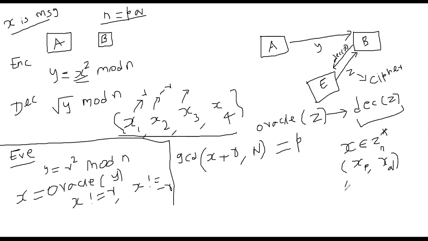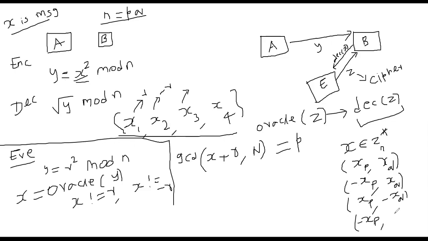Because of the properties of power of 2, we can also say (minus xp, xq) should also be one of the square roots of y, because the minus is outside, right? You can just square it and the minus will disappear. So another possibility is (xp, minus xq), and another is (minus xp, minus xq).